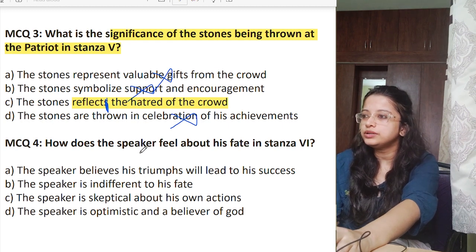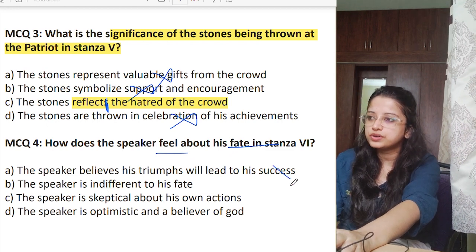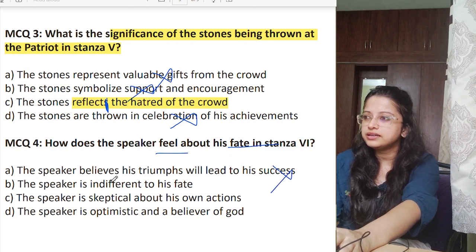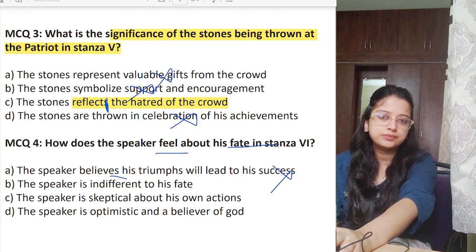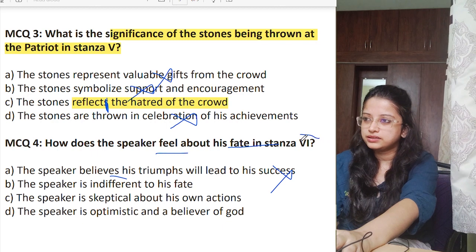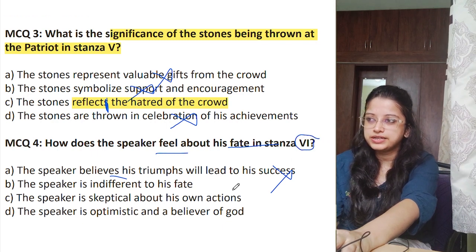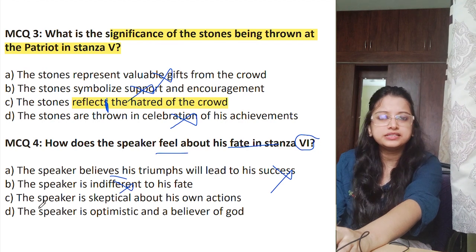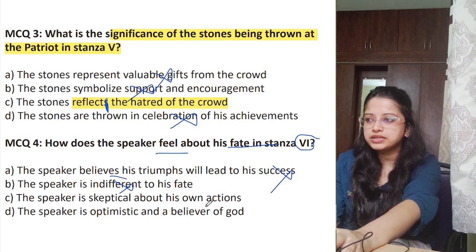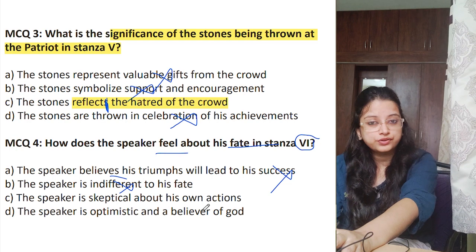Next, MCQ number 4. How does the speaker feel about his fate in stanza 6? The speaker believes his triumph will lead him to success. He believes. Is this right? He has already understood that it is not going to lead him to success by the time we reach stanza 6, right? So option number 1 is incorrect. Speaker is indifferent. He is not indifferent. He is very sad. The speaker is skeptical about his own actions, that whether he has done the right thing or not.